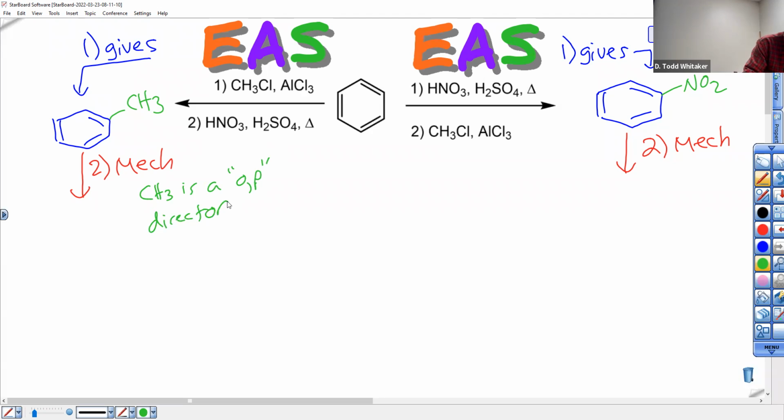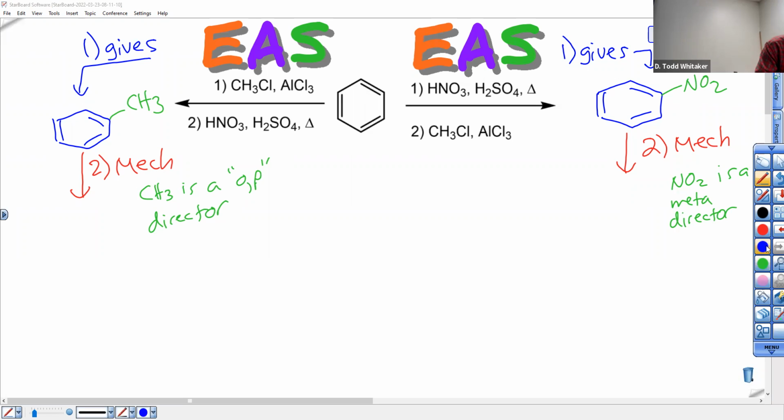That means ortho-para-director. And NO2, which is the other group that's on benzene, is a meta-director. I guess you could have called it an M-director. And the reasons will be because of what happens during the mechanism.